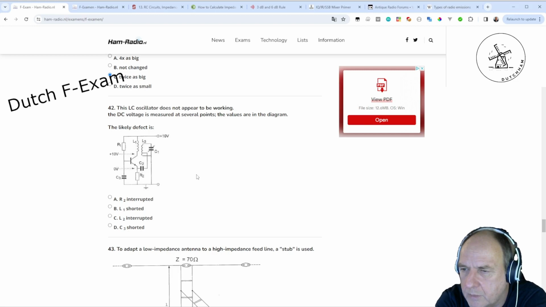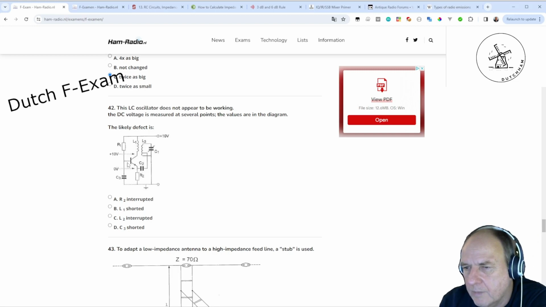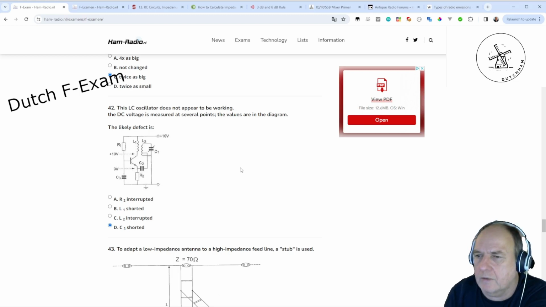L2 is interrupted. I go for C3 is shorted, because that pulls down the transistor from its working spot. R2 will ground the emitter to ground. Yeah, I will go for answer D.